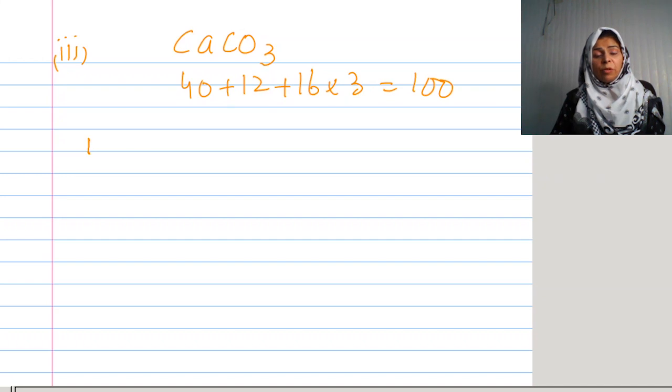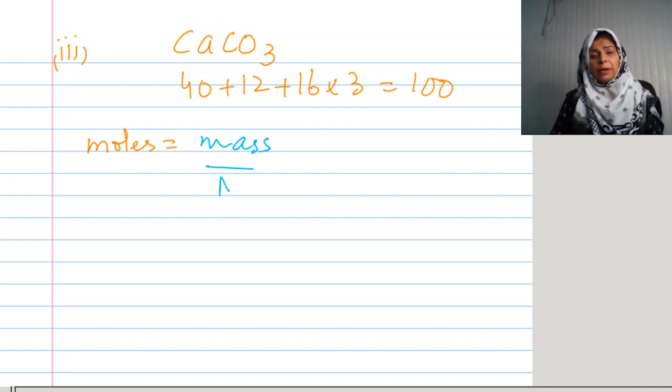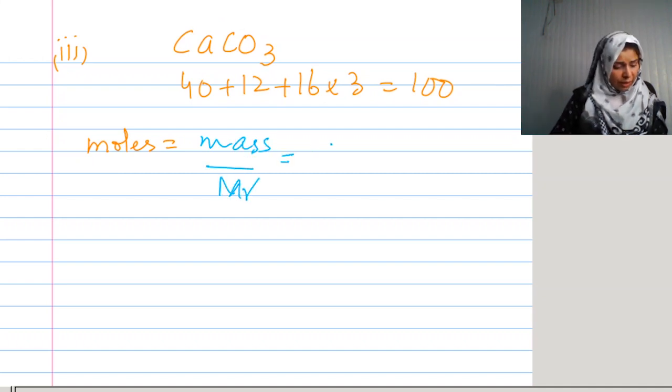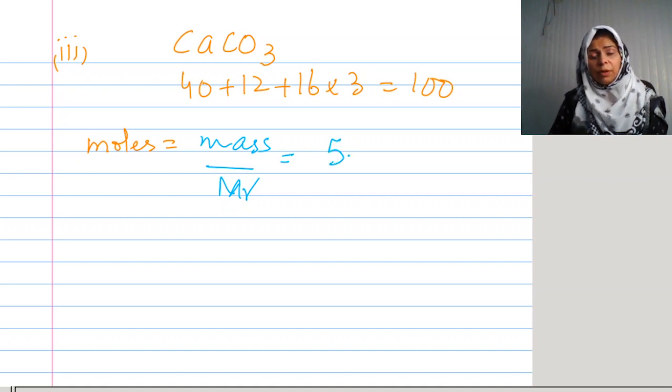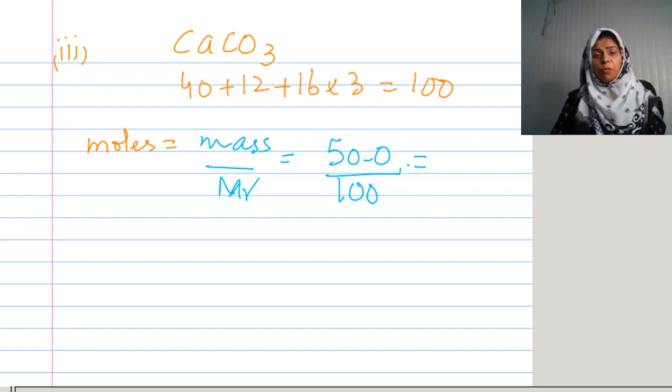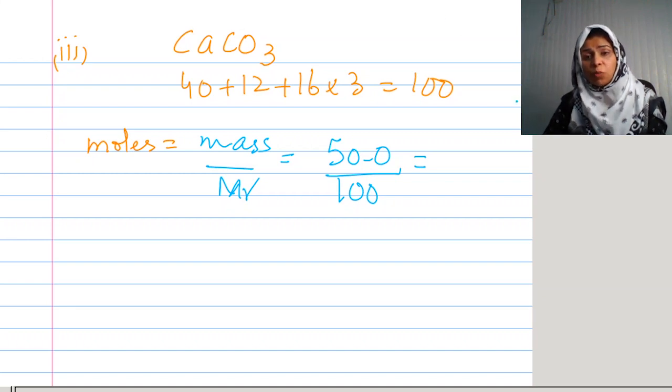So we have the formula moles is equal to mass over MR. The mass is 50.0 and the MR is 100. So 50.0 divided by 100, then the answer will be 0.5. So the answer is 0.5 mol.